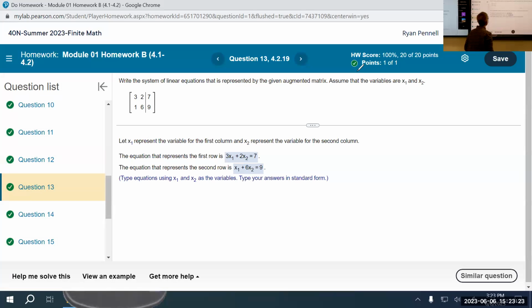So question 13: write the system of linear equations that is represented by the given augmented matrix, assuming that the variables are x1 and x2. This also probably seems like we've never done anything like this. This is all brand new, but it's not. This isn't new. This is just the next level. This is your level, so it's on algebra. Now we're into finite.